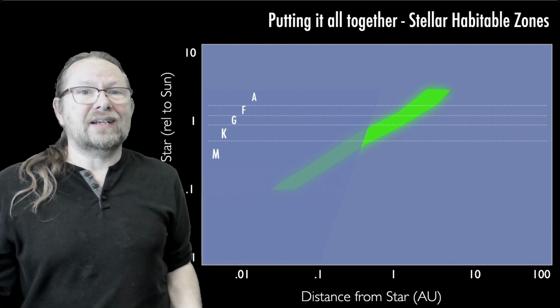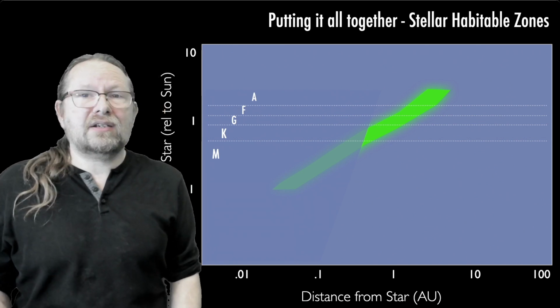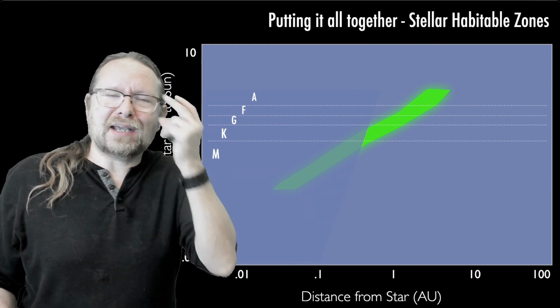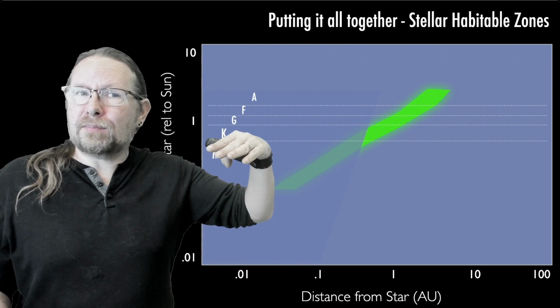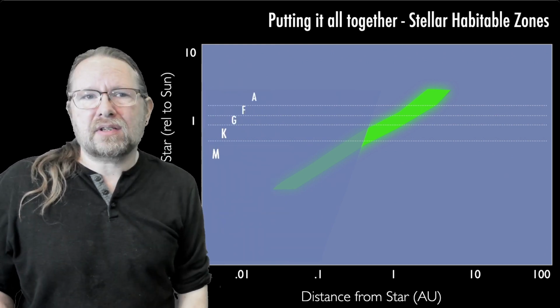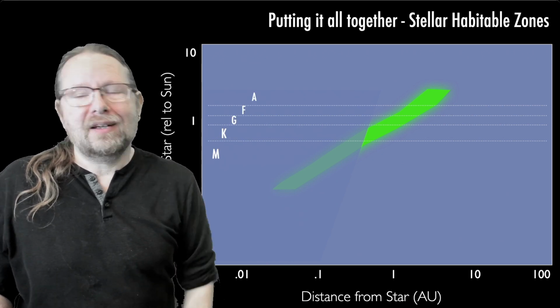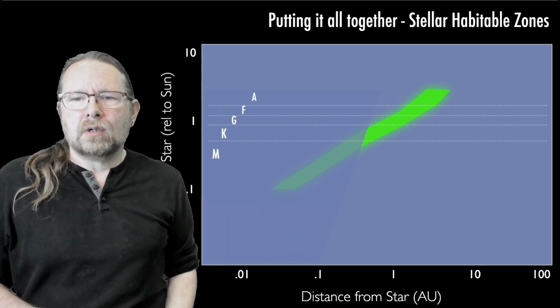So if you had to ask, what's the best place to look for habitable planetary systems? The answer is probably brighter than average K-type stars, stars between a brightness of, say, 60% the brightness of the sun and the brightness of the sun. That's just a guess, but that's a guess based on our best available information about stars.